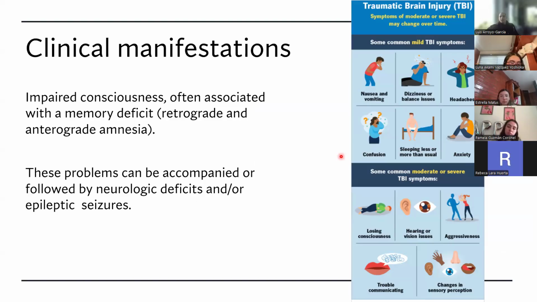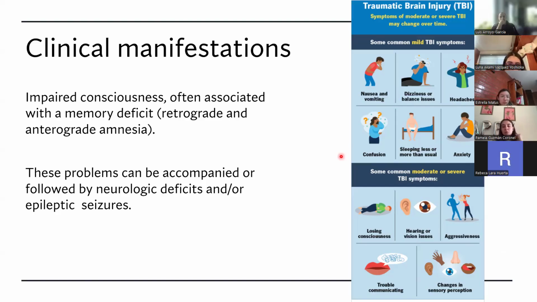So the clinical manifestations when we're talking about TBI, we're going to divide them basically into mild or moderate and severe. One of the problems is impaired consciousness because of the hit you had in the head, and it goes with memory deficit. Do you know what retrograde or anterograde amnesia is?